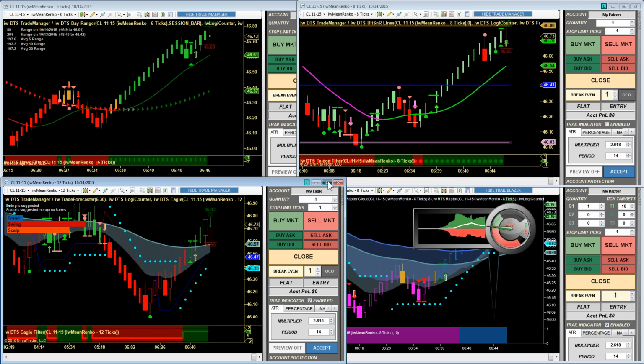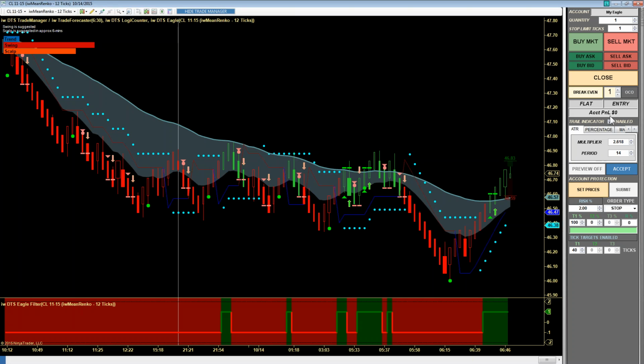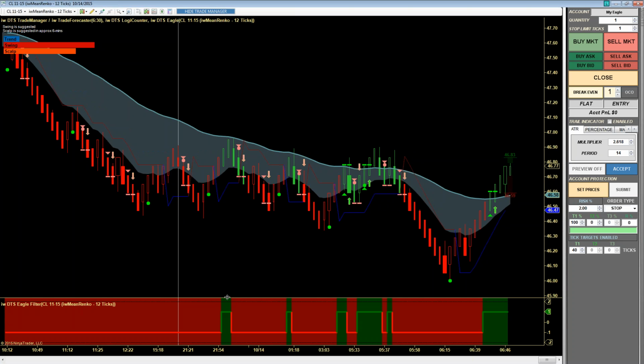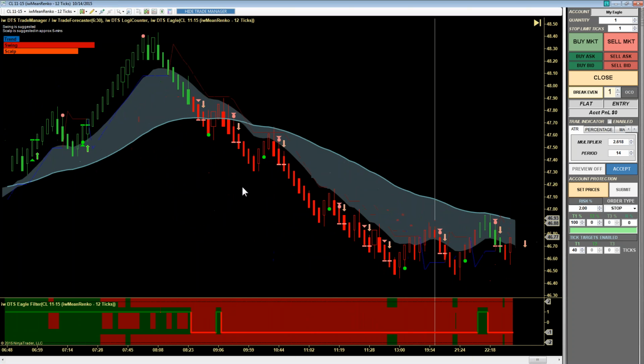Here's crude oil on the Eagle Trend Trader. A little bit choppier. If you were watching it in the overnight, though, we did get a couple of green bar sell signals. This is the reverse of the red bar buy that I just showed you on the NASDAQ. You would have obviously had to be a little bit patient with this. The green bar sell, again, one of our high probability signals.